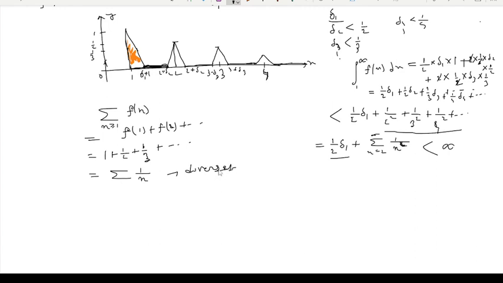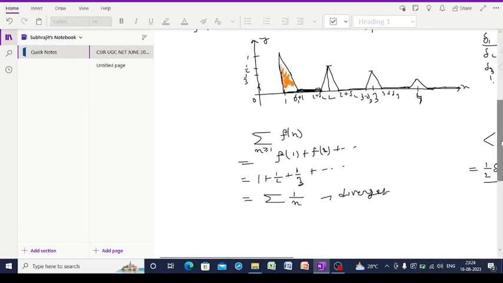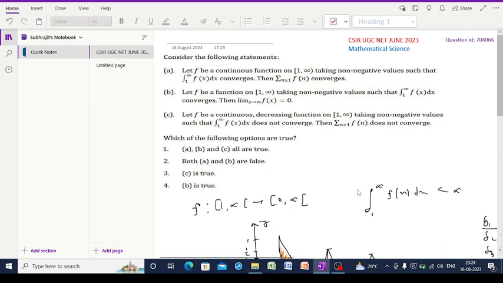So option A is not a correct option, because we get integration 1 to infinity fx dx convergent but summation fn divergent. So option A is false.